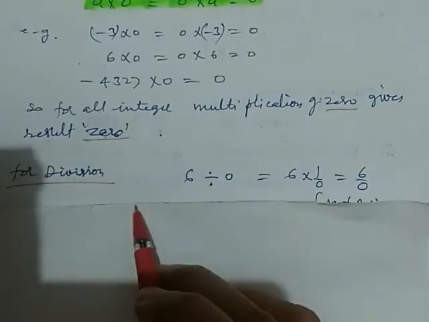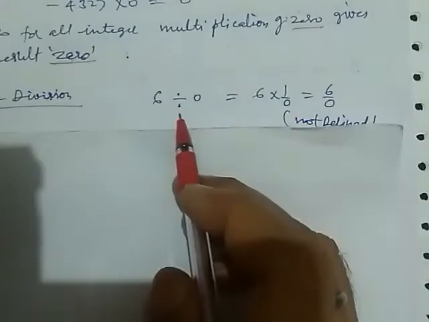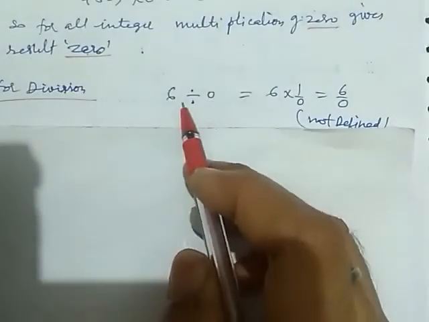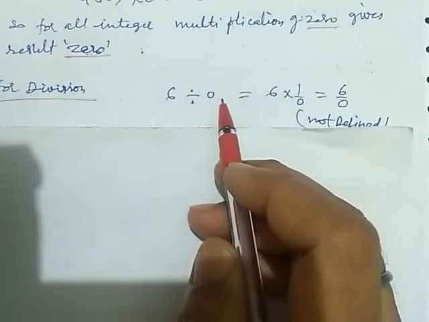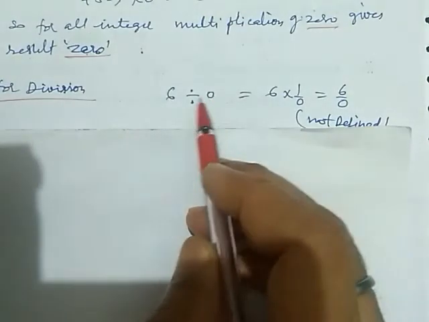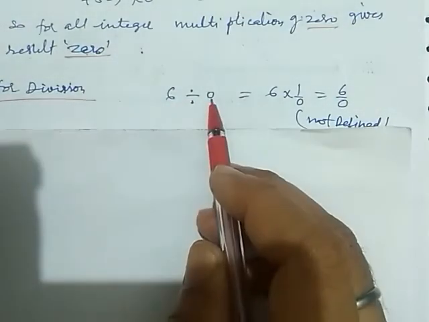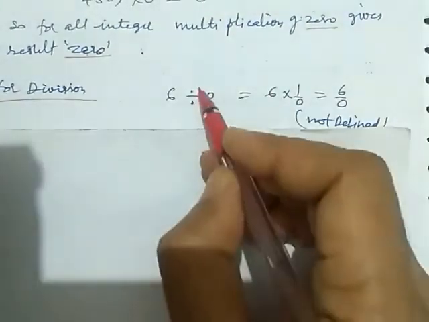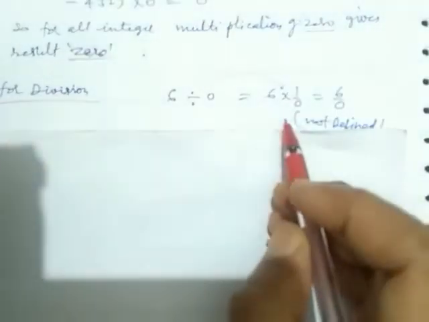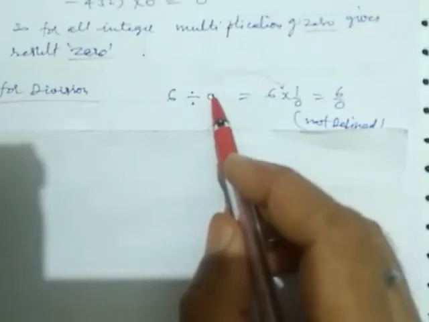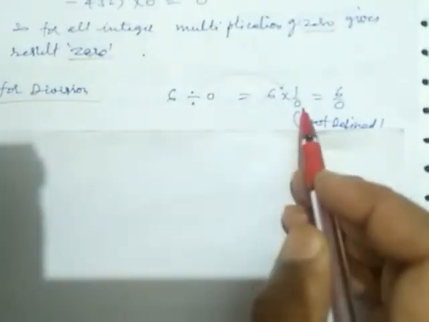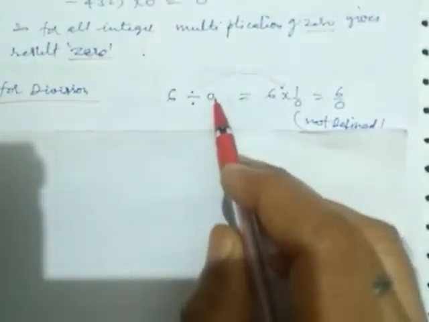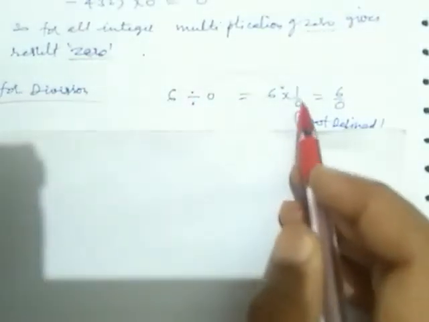Now for division. Take 6 divided by 0. If we divide any integer by 0, what happens? First we change the division sign into a multiplication sign and take the reciprocal of 0, which is 1 by 0. We invert the number, so 0 becomes 1 by 0.